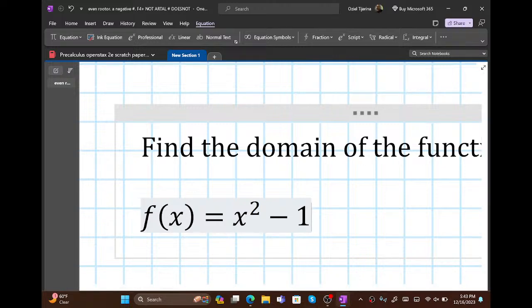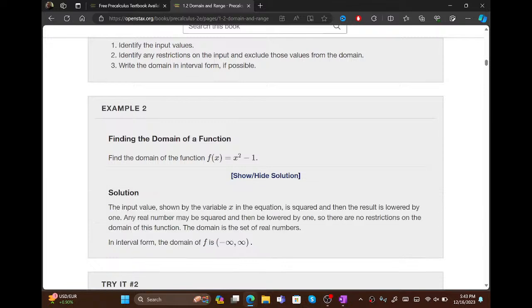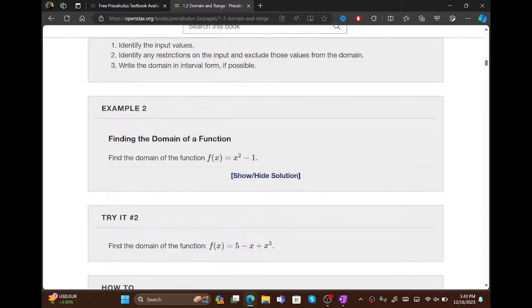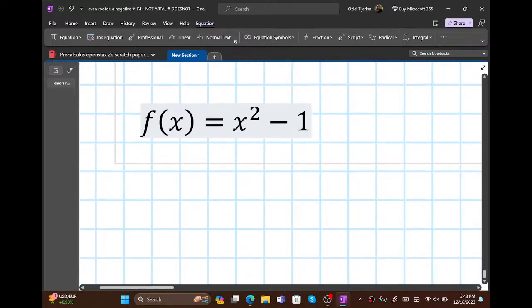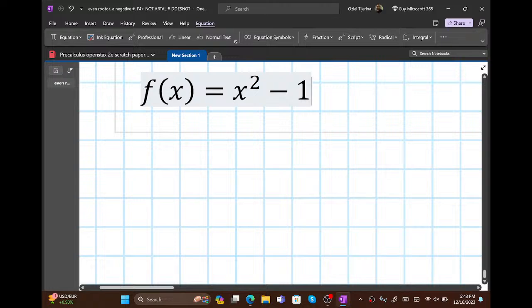Now, the main idea here, guys, is that we need to see if there are any restrictions at all. And if there aren't any restrictions, then the domain will be all real numbers. So, I don't really know exactly how they're putting this here. Okay, in interval notation. So, we know from algebra, this is considered a polynomial function.